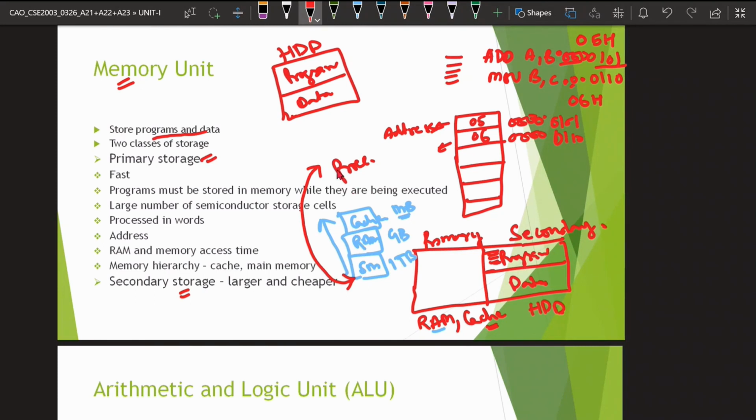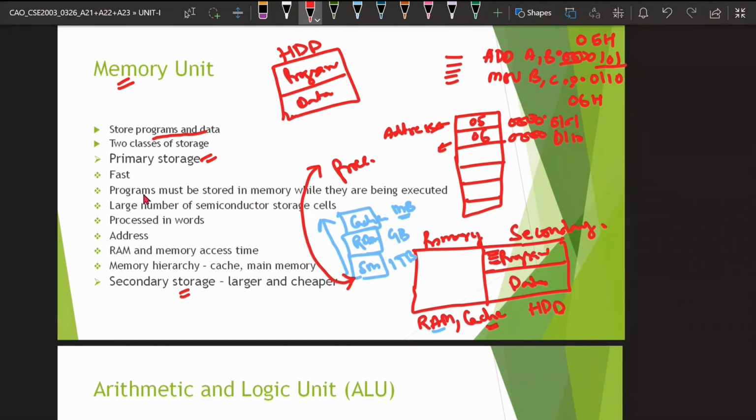That further reduces the gap between the speed of the location where the program is stored and the speed of the processor that operates on a particular instruction. So primary storage memories are fast because they are very close to the processor. Here, programs must be stored in memory while they are being executed.